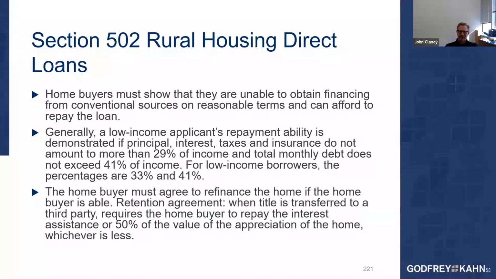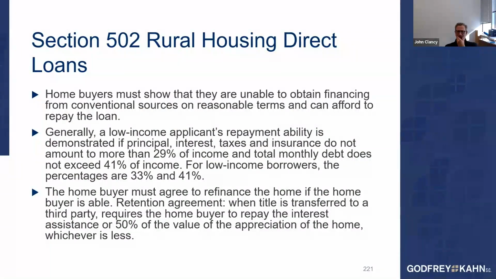Because the loan is subsidized, I think the intent of the program is not to provide mortgages to those who can get conventional mortgages, and because this program is not targeted just to Indian country, it's a general rural housing program.